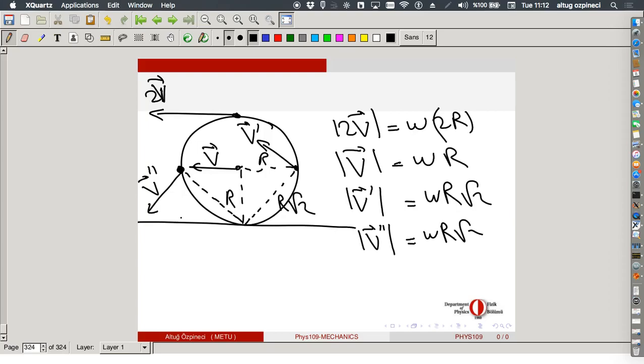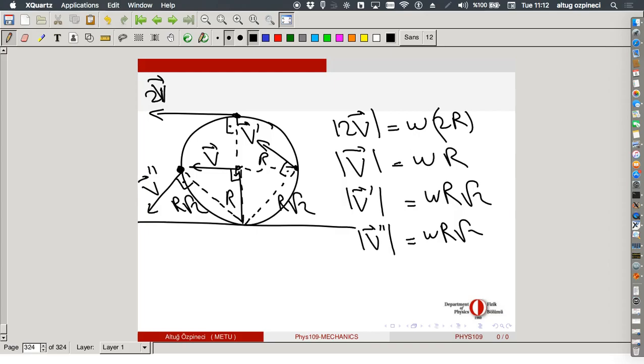So this length is also r square root of 2. And these are also perpendicular to each other. Okay, does it start to ring any bells? Does it look like anything?